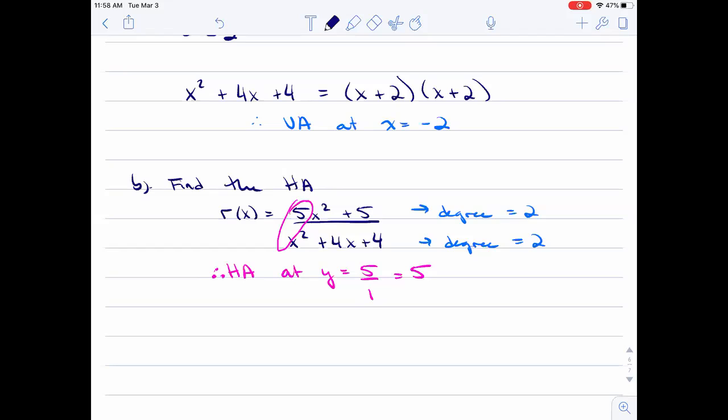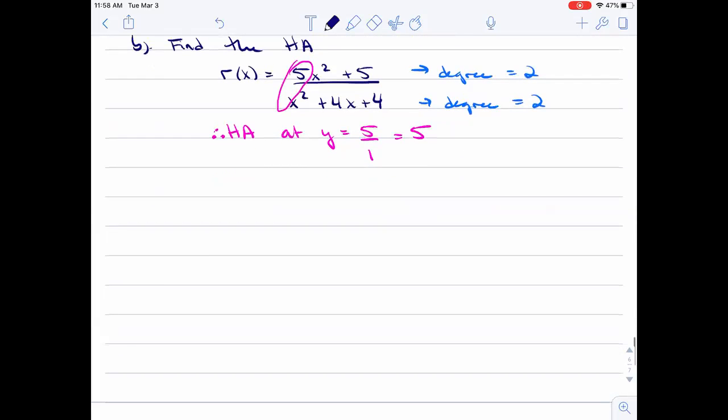I guess if you were able to split up into two rational functions, but no, we're just going to have one. One horizontal asymptote for us. Because you would have to have a combination of two rational functions, which can happen, but those functions are way too big for us. So don't worry, we'll just have one.